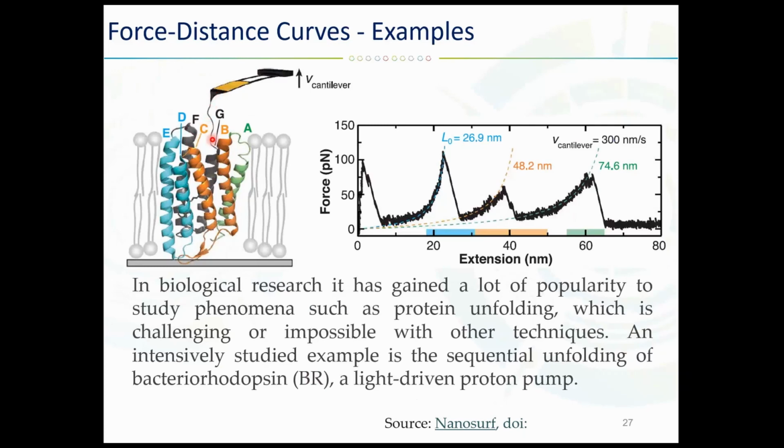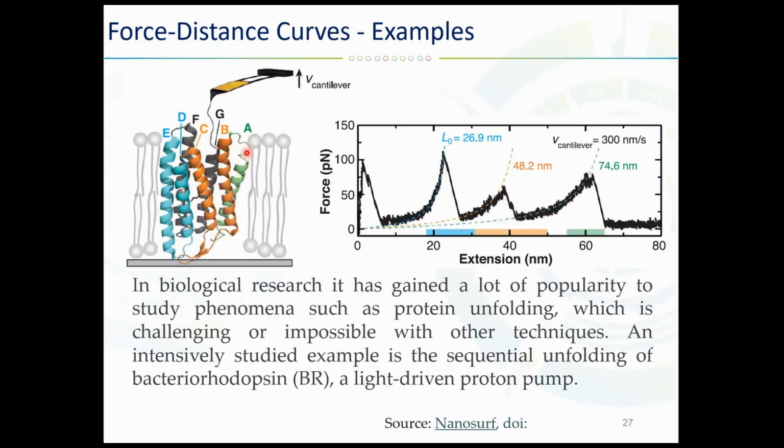So the AFM tip is attached to one of the domains here, and each peak corresponds to the unfolding moment of each of the domains, and these colors are the same as the colors of each domain here. Mechanical unfolding will occur when we retract the cantilever at the constant velocity v. So each of these transmembrane helices will go out from the membrane, and that's how it will be unfolded.